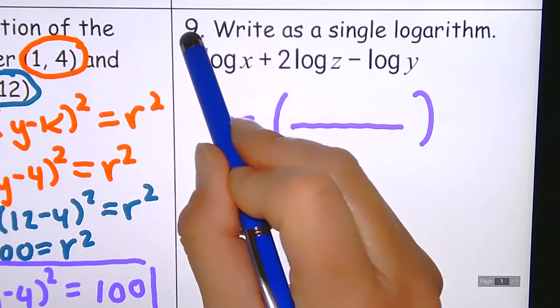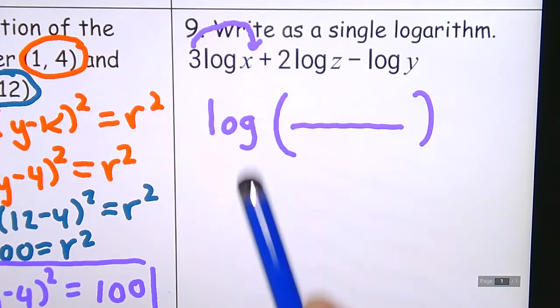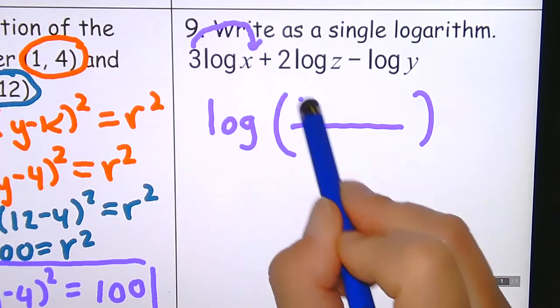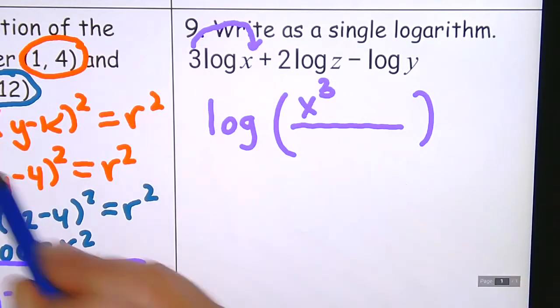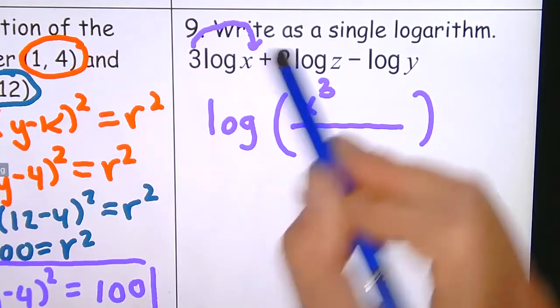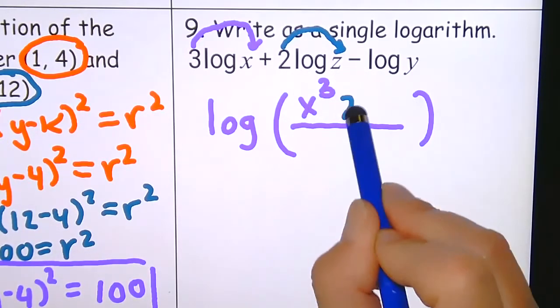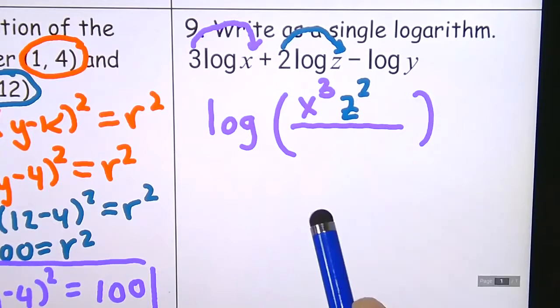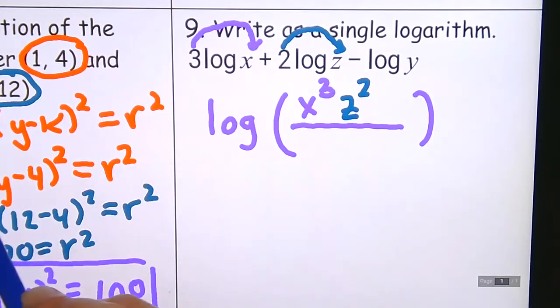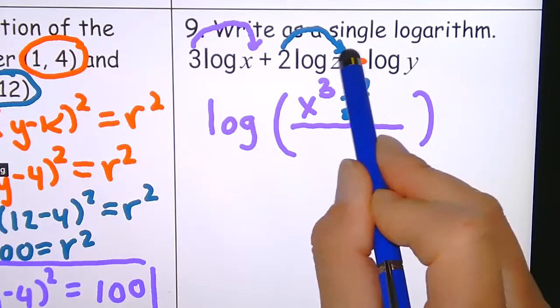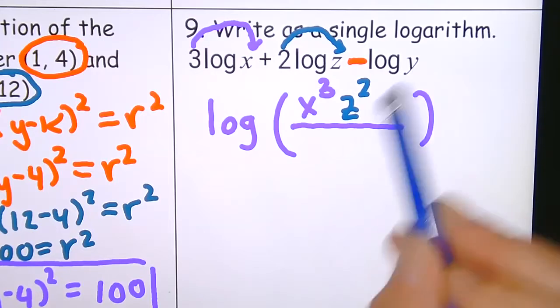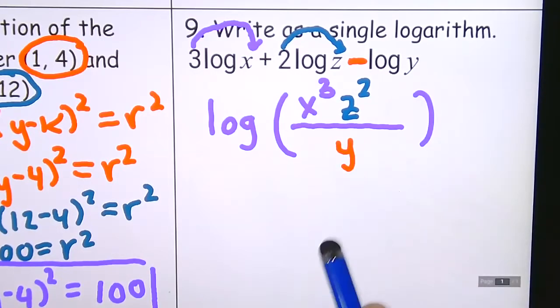Now, this 3 becomes the exponent here, so this is an x to the 3rd. And this 2 is going to become the exponent of your z, so I have a z to the 2nd. And then because of this minus here, this y is going to be on bottom, and so I have y. And that's your single logarithm.